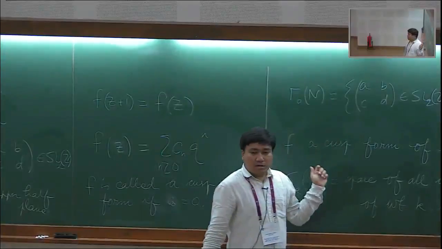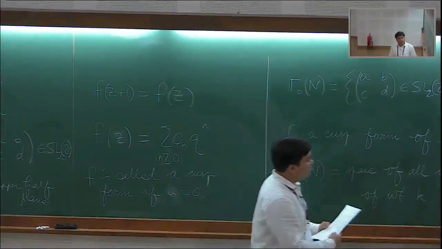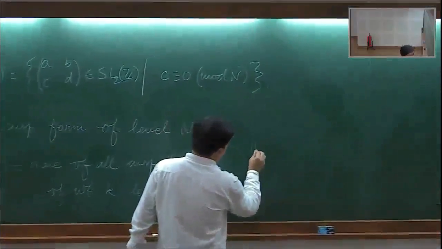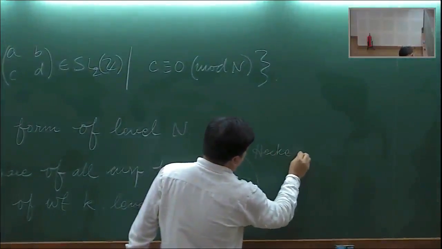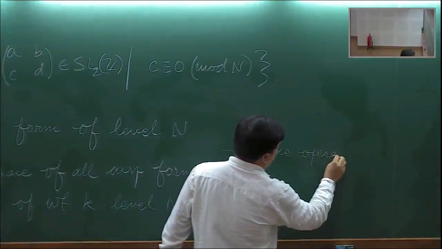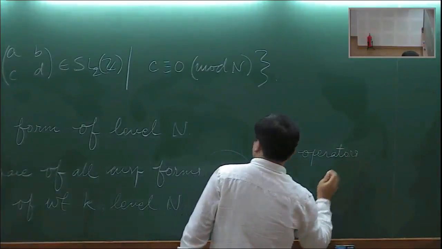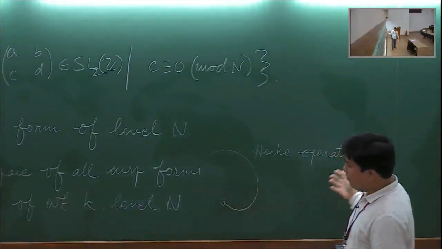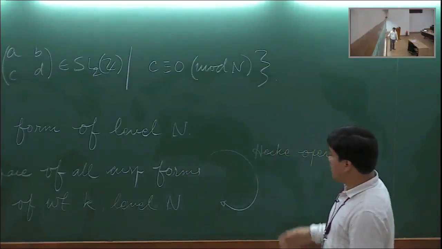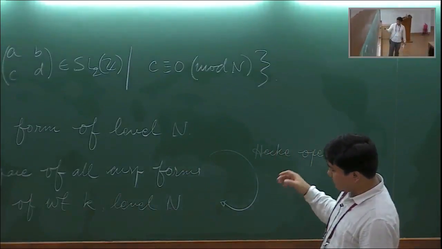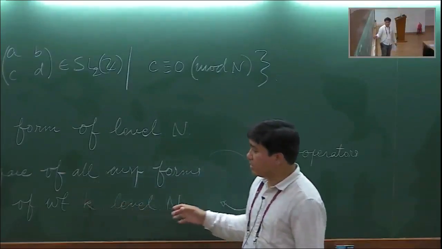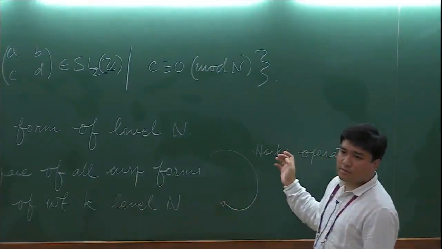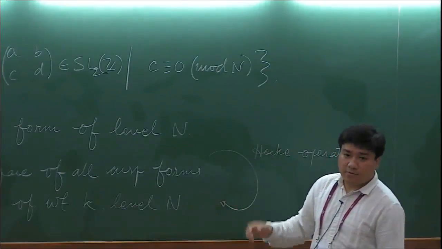And there are operators acting on this space which are known as Hecke operators. This is a finite dimensional vector space over C, and these Hecke operators act on this. You can have some of these functions which are eigenvectors for all the Hecke operators. They are known as eigenforms.